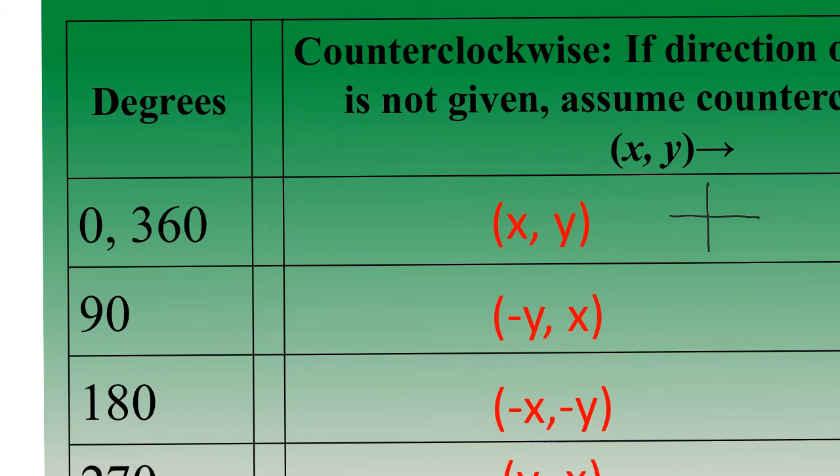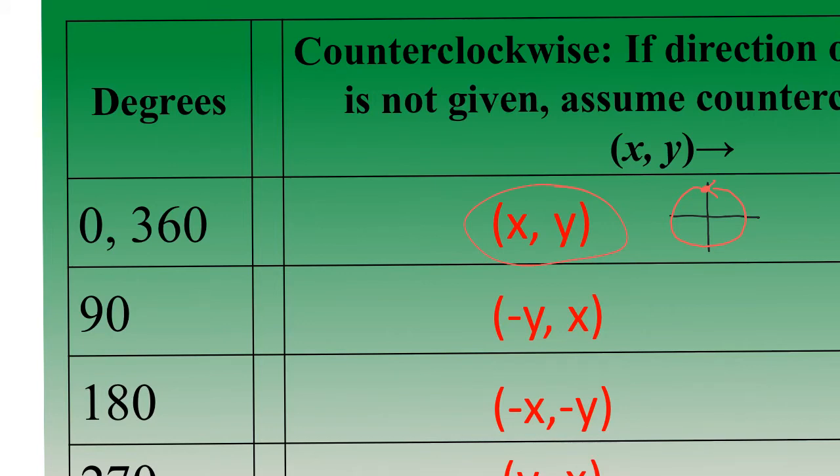Also, if I were to rotate something 360 degrees, that means I am going all the way around, which takes me all the way back to the original point. So I'm back at the same point, and it's not changing. My coordinate is x, y.